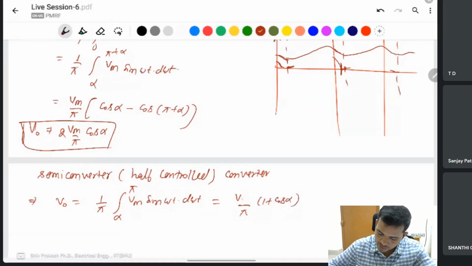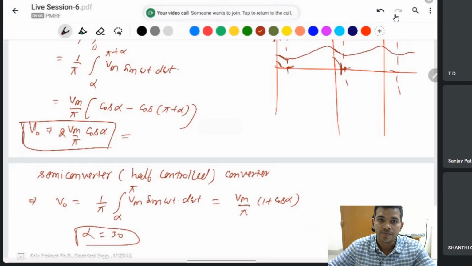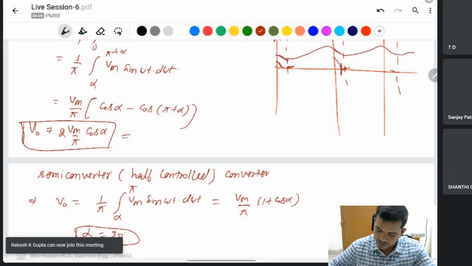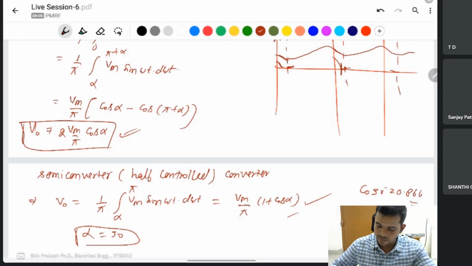Then put in a value of alpha, any alpha, like alpha equal to 30 degrees. Then find which one is greater, this one or this one. You will find this one is definitely more, because of the 1 plus cos alpha. Cos 30 degrees is 0.866, so this one is 1.866.